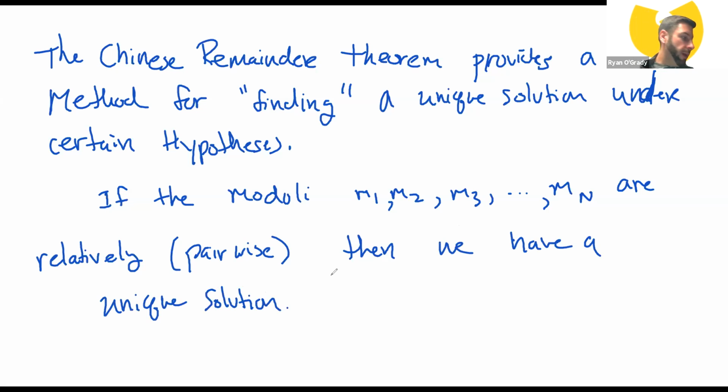And if that's the case, we have a unique solution. And not only is it unique, this is a cool theorem. The reason the Chinese remainder theorem is a cool theorem is because not only does it tell you that there is a solution, it tells you how to get it.